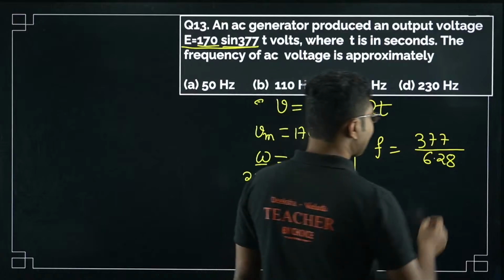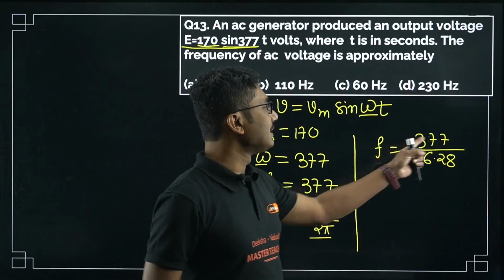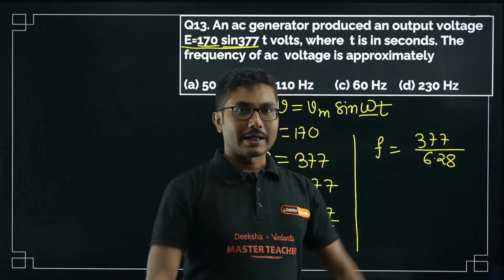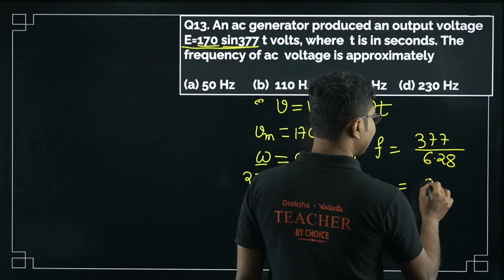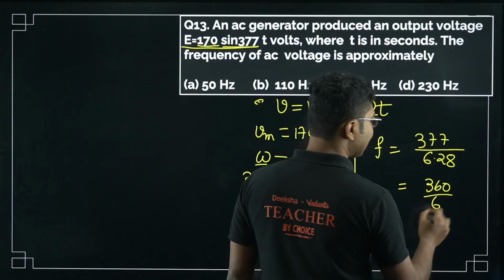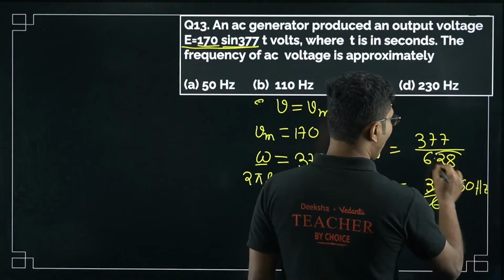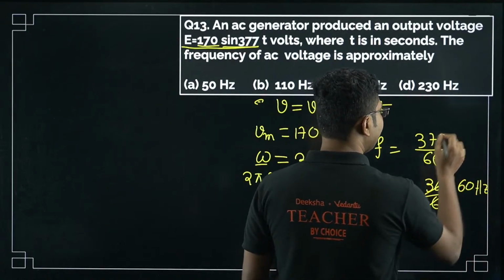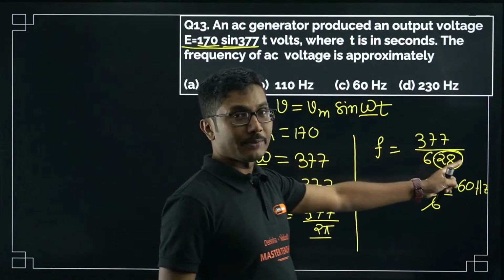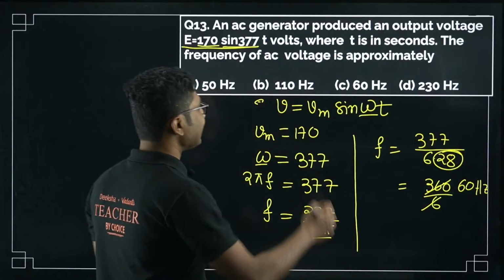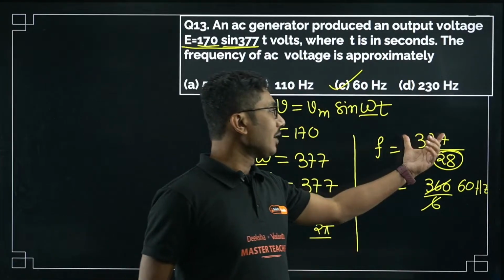If you see this number 6 and 377, the nearest cancelable number is 360. If this number was 360, this number was 6, then you would have got 60 Hertz. In fact, this 0.28 number and this extra 17 number are compensating for each other, and if you calculate it, you will get 60 Hertz. So how to solve this kind of question without using a calculator?